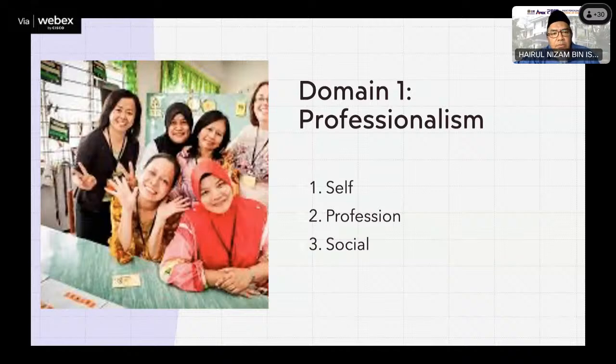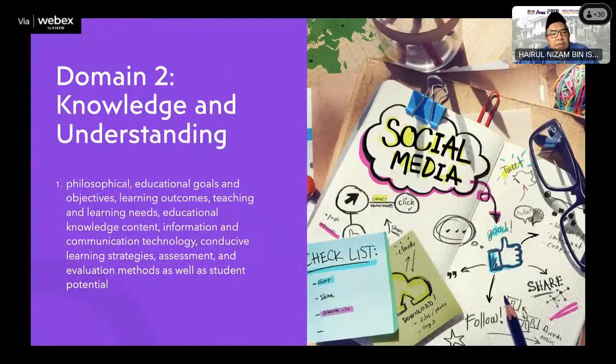In terms of social, we're talking about the community also. As a teacher, they are responsible not only for the students in the classroom, but also, indirectly and directly, for others: parents and people in the community. Domain two in standard one is knowledge and understanding.